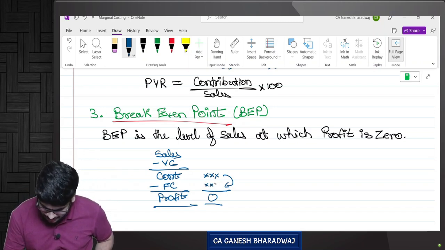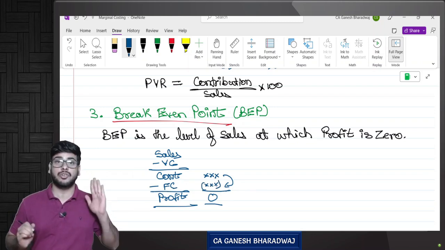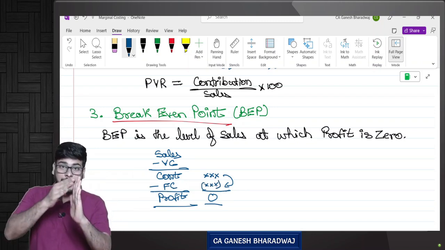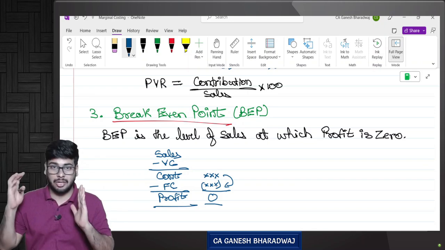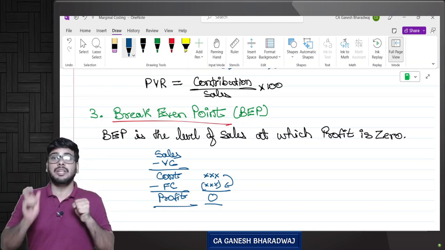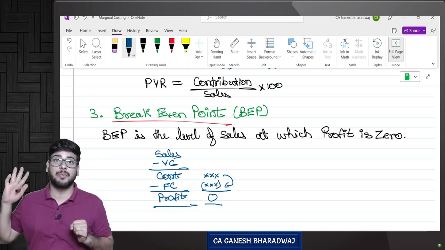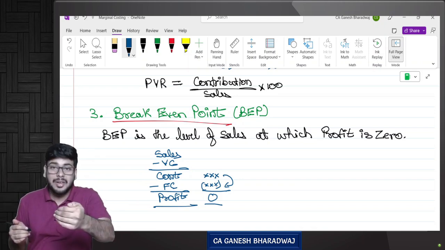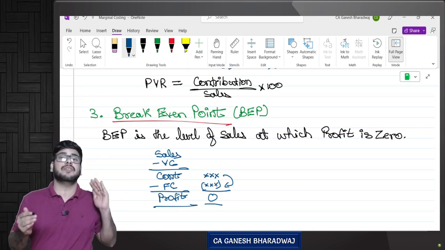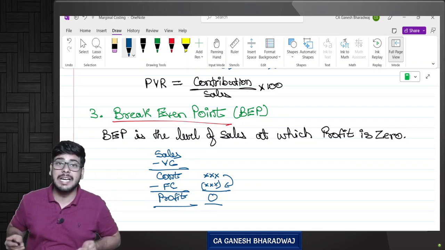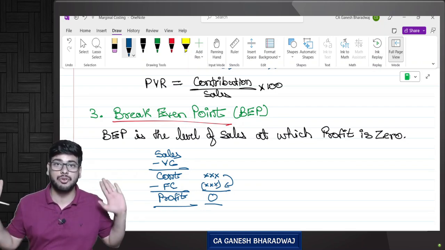That is exactly equal to my fixed cost. Yes or no? Now, if I earn contribution more than my fixed cost, then what happens? Beyond the fixed cost, I have some money that goes to my profit. Suppose if I earn contribution that is not even sufficient to recover my fixed cost, then it will result in a loss scenario. That should also not happen.